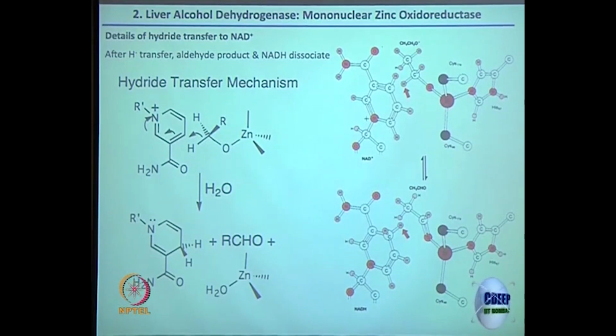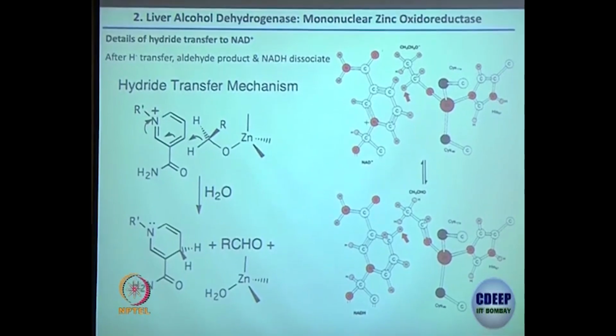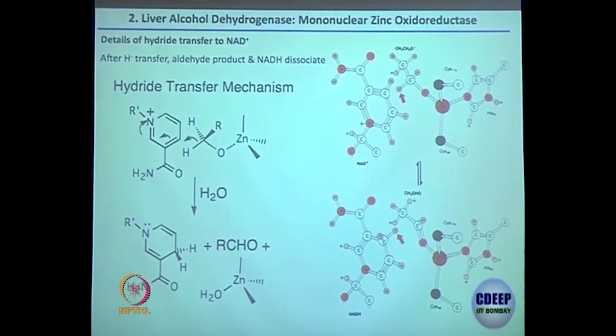It's a little bit different mechanism. You don't have to remember it again. What happens over here is, this is the pyridine ring you are seeing. It's called nicotinamide, well, a similar moiety is there in your cigarette also, nicotine. Okay, all fine, let's stop there. So the zinc center binds with the alcohol, R is CH3, methyl CH2OH, which now gets deprotonated, and this hydride gets transferred to this pyridine ring.